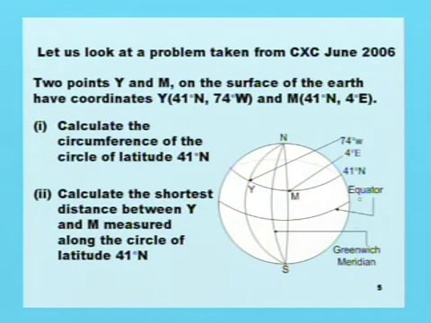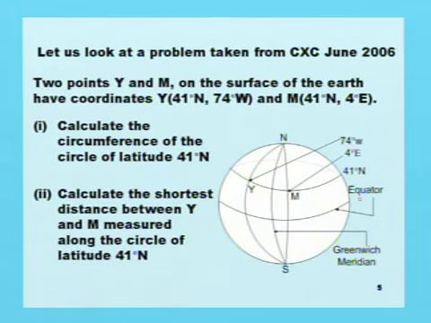Look at the diagram. We establish the North Pole, the South Pole. We establish the 41 degrees north latitude circle above the equator, and we locate the meridian of Greenwich, which is seen there, and that is used to identify the points on the circle.